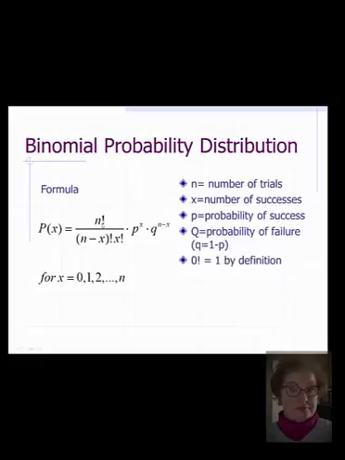If you have a scientific calculator, you do have an exclamation point key on it, but again, don't worry about doing this by formula. It is important to know that n is the number of trials, x is the number of successes, p is the probability of success, and q is the probability of failure. And then just by definition, 0 factorial is 1.